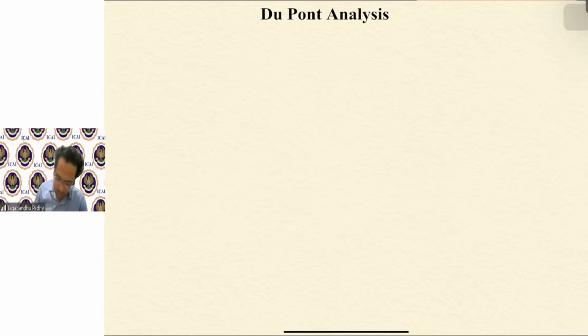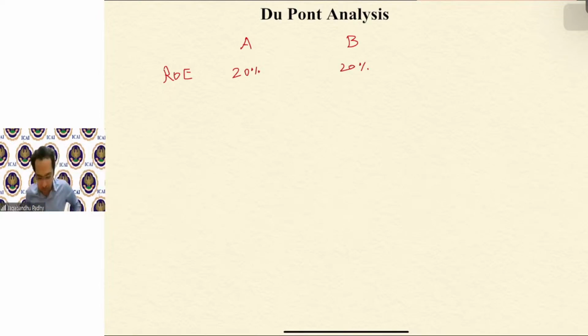If I tell you there are two companies, A and B, both of them are providing a return on equity of 20%. DuPont analysis.